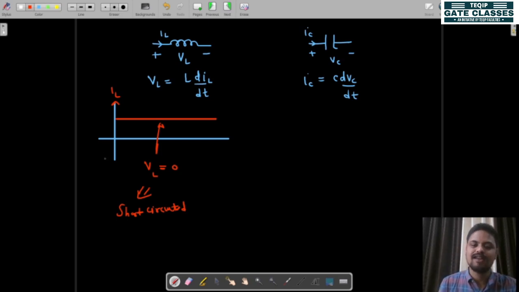Whenever you want to smoothen the current, reduce the ripple, someone should be there to oppose this rate of change of current, and then we place an inductor in the circuit. So whenever you would like to smooth the current, the inductor is the best option, right? In the same way, whenever you want to smoothen the voltage, the capacitor will be your choice.